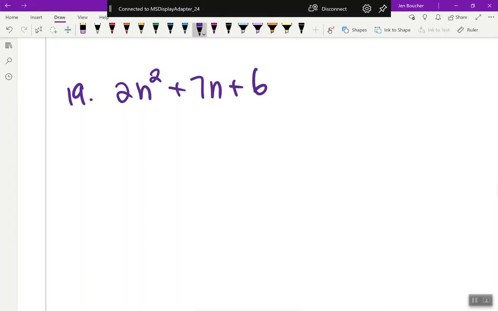Go. You're looking at number 19 on your homework. Please try it out. What are two numbers that multiply to 12? What two numbers work? 3 and 4. 3 and 4. Can you take a shortcut? No.